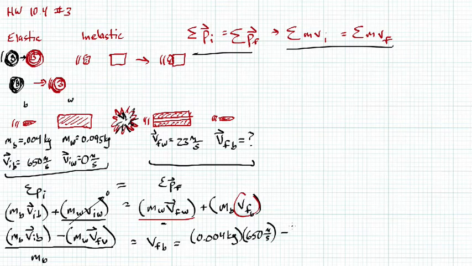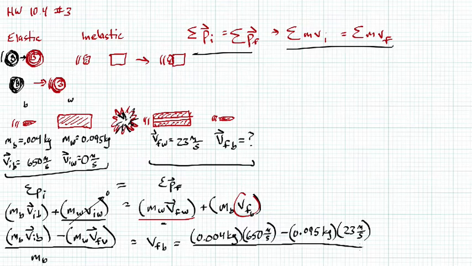Okay, minus mass of the wood block. That's 0.095 kilograms. Times what's the final velocity of the block? 23 meters per second. All that divided by mass of the bullet, 0.004 kilograms.